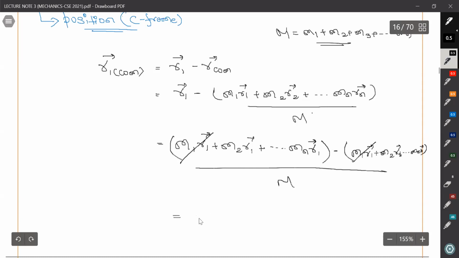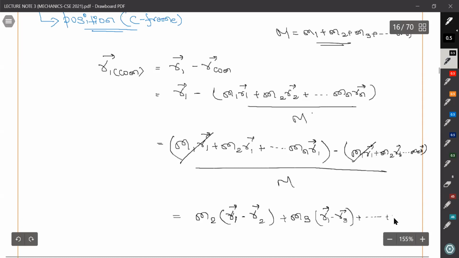So let me write it down. M2, if we take r1 minus r2, plus m3 r1 minus r3.